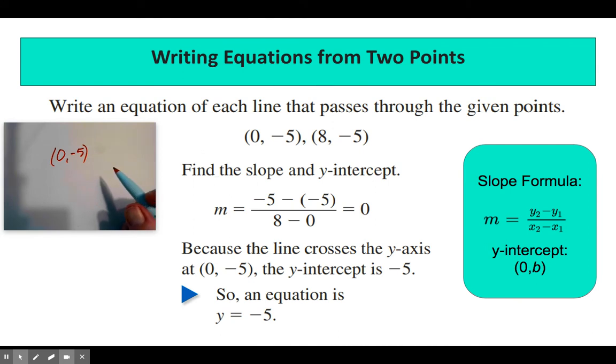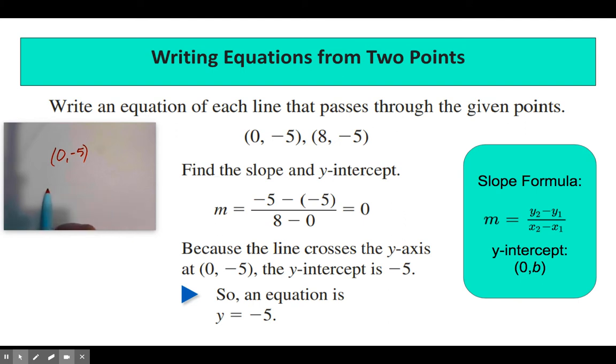All right. Now, when you're finding the slope, you're going to notice right over here that they've taken your y2 minus y1 over x2 minus x1. So 8 minus 0 is going to be 8. But on the top, we end up with negative 5 plus 5, which is 0.